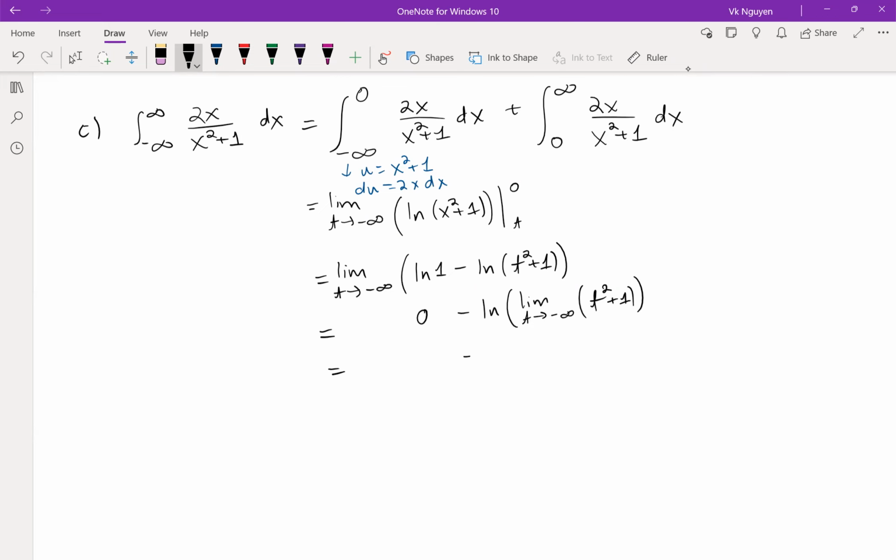And this would be, we have ln of a number getting bigger and bigger and bigger. Well, infinity.